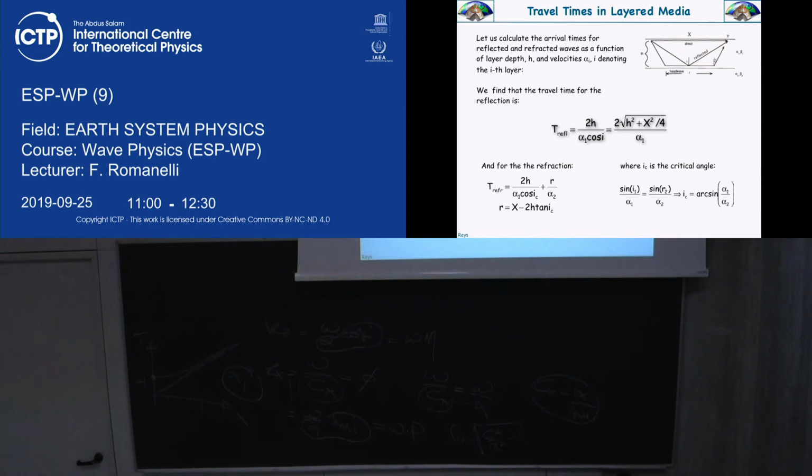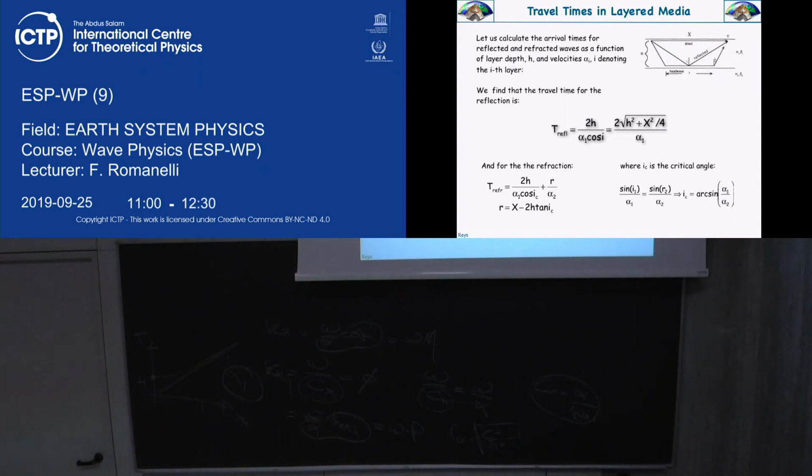But if this is faster, we know, thanks to Snell's law, that sooner or later we will have a critical angle. So maybe for this one there is a critical angle, and the critical angle depends only on the ratio between the two velocities. Please remember Snell's law.